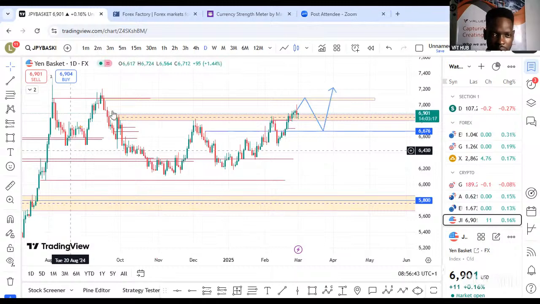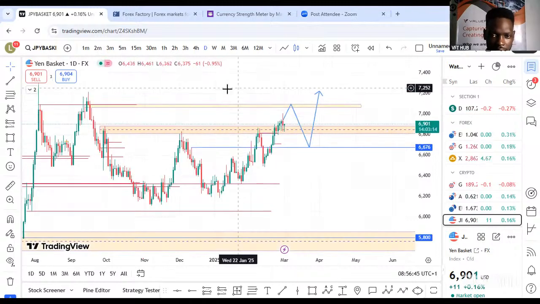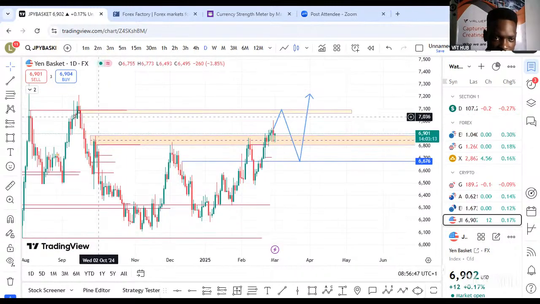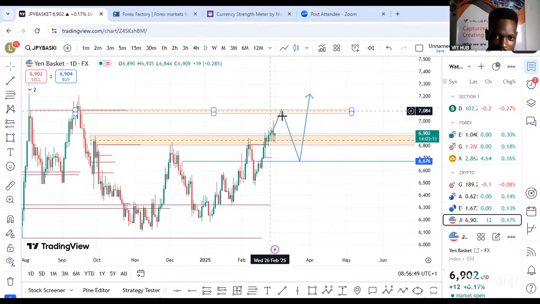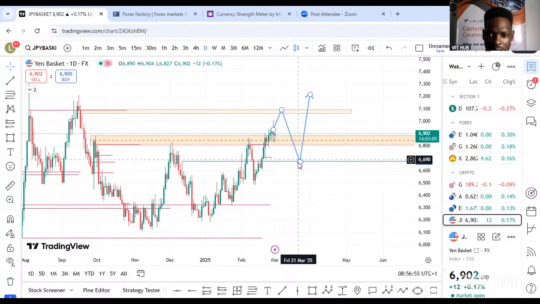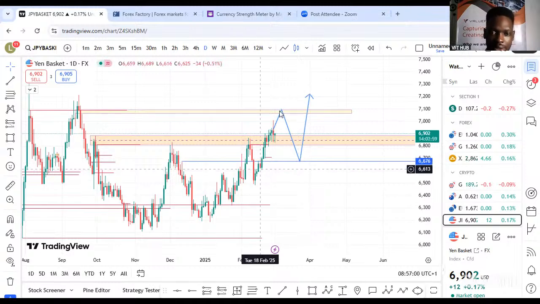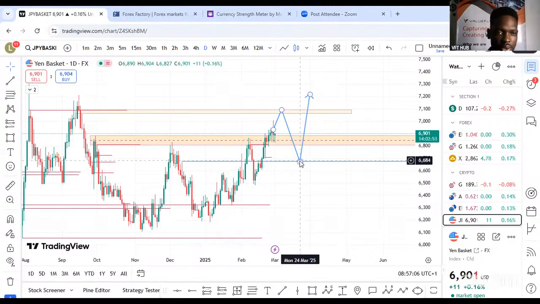So we see how price is most likely to trade into this daily fair value gap. Now when price taps into that daily fair value gap, we see price reverse back again to sell, but knowing fully well that what we've been anticipating is this buy, then to come and clear the diagonal liquidity. All right, so that is what we've been looking out for on the yen basket.